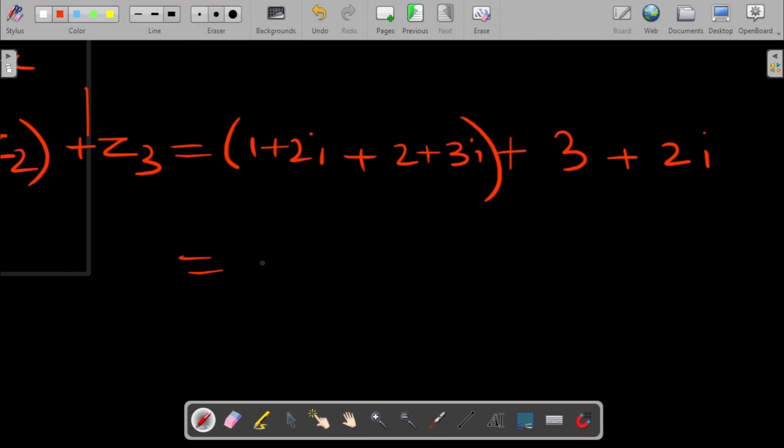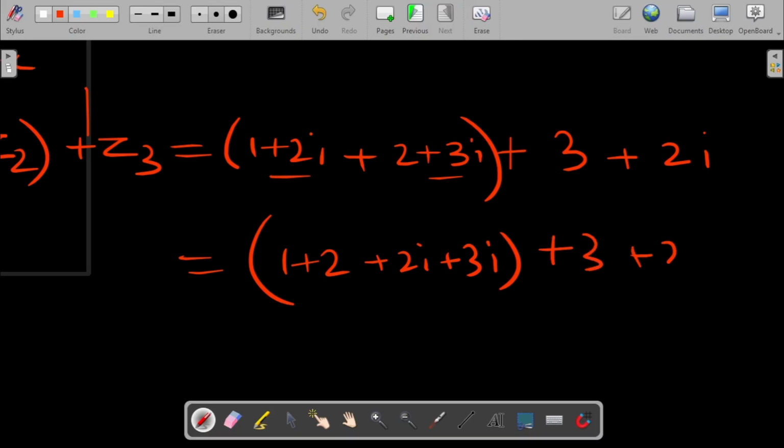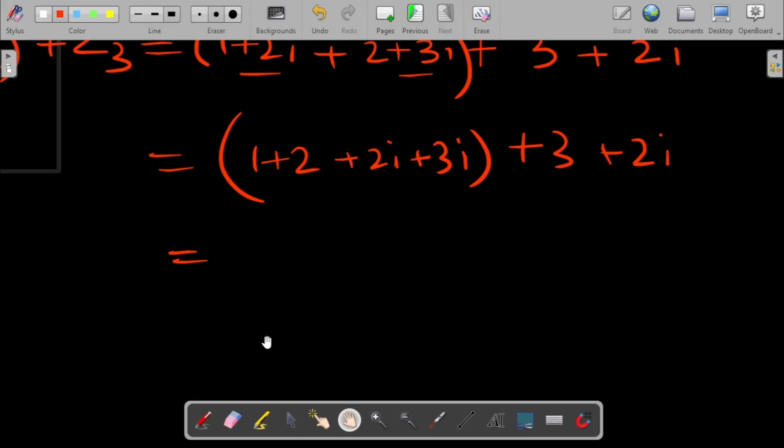If I add these two complex numbers, what do I get? 1 plus 2 plus 2i plus 3i, and plus 3 plus 2i. So 1 plus 2 equals 3, and 2i plus 3i gives 5i.